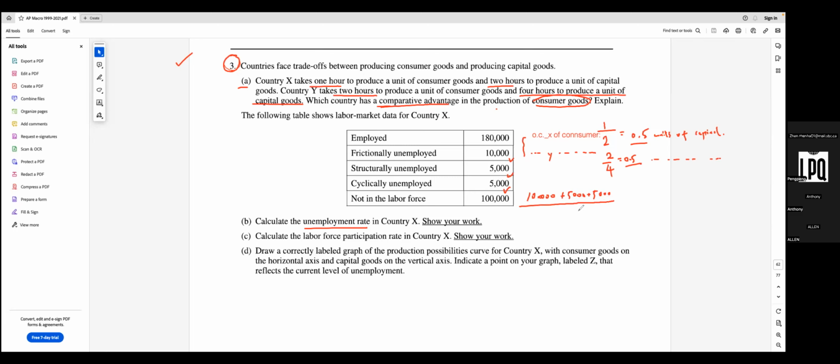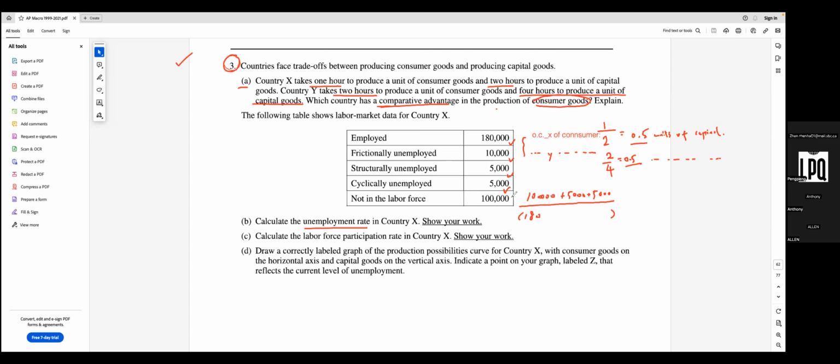So how big is the labor force? The labor force includes those unemployed, right? And also includes those people who don't have a job but are actively seeking employment. So basically, how do you fill this blank, what is the denominator? You add up all these four numbers together, so you can get the labor force.